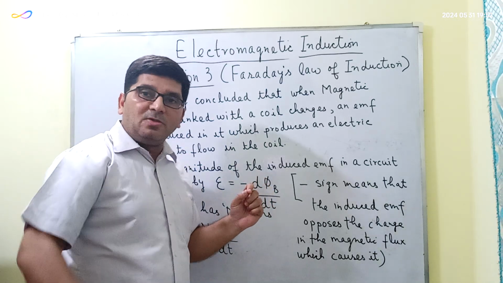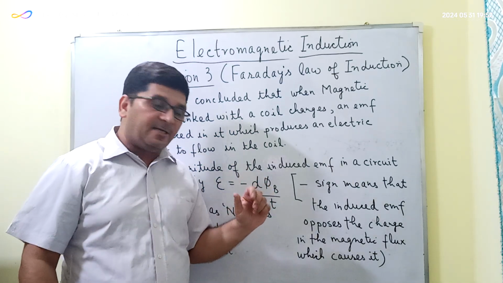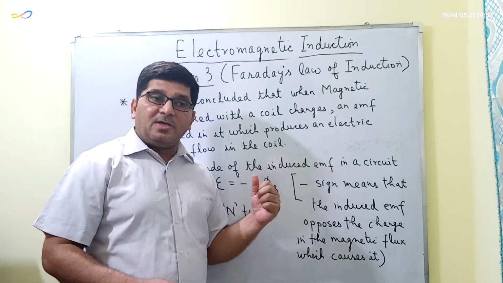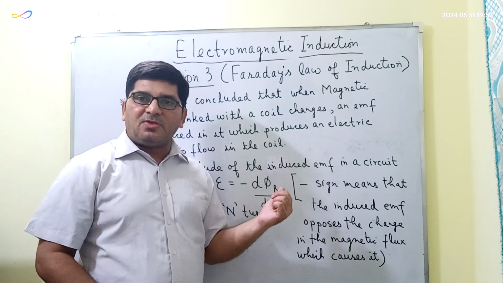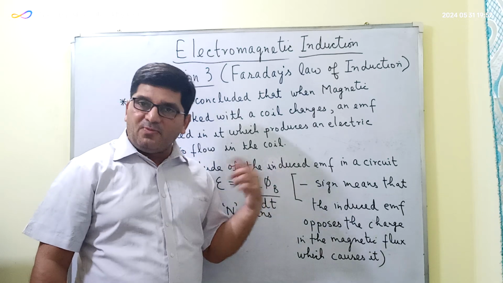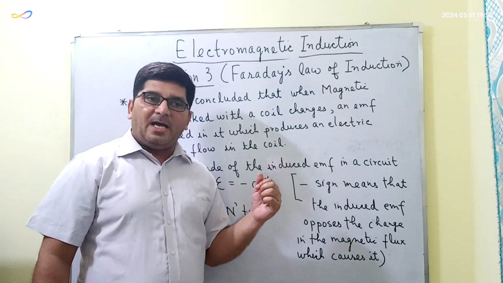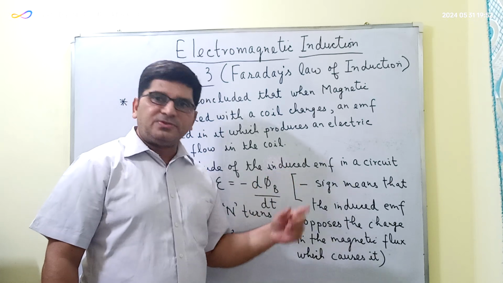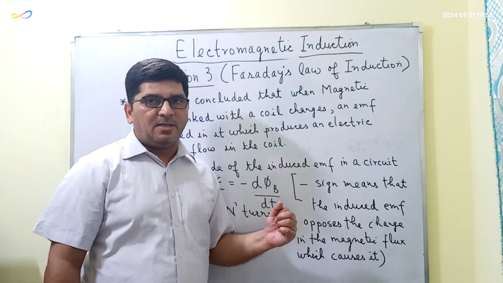In both cases, he found that the magnetic flux linked with this coil was changing with time, and because of that changing magnetic flux, an EMF was induced in this coil, and because of this induced EMF, an electric current was produced in this coil.